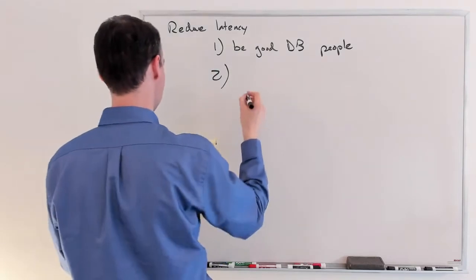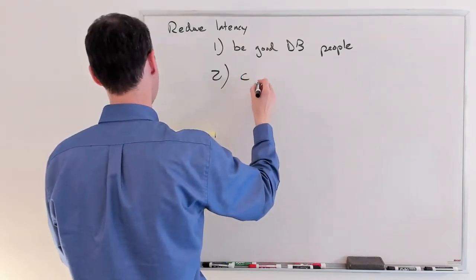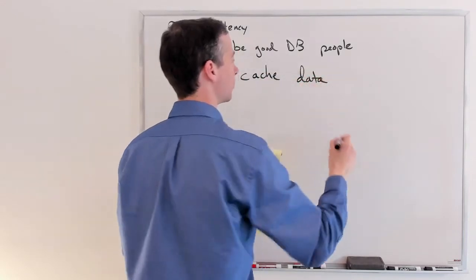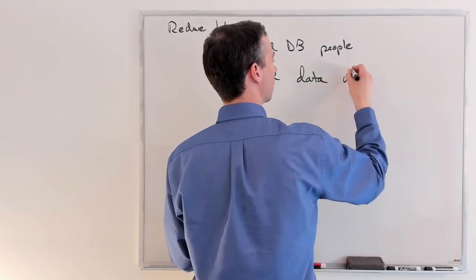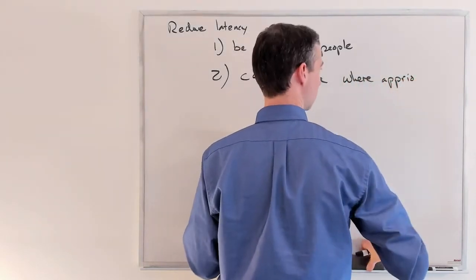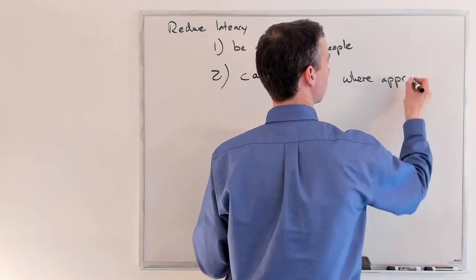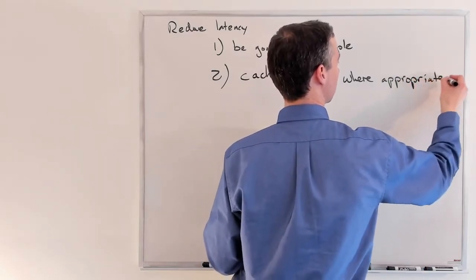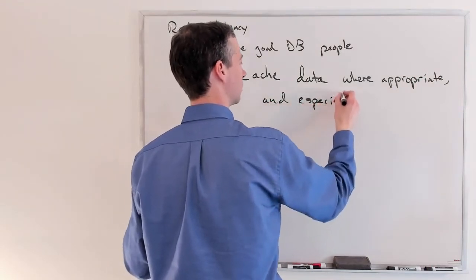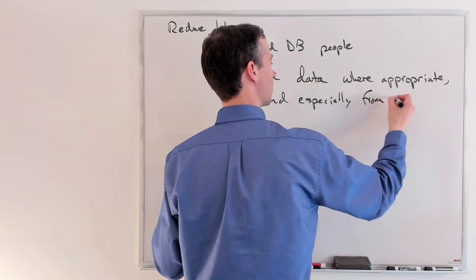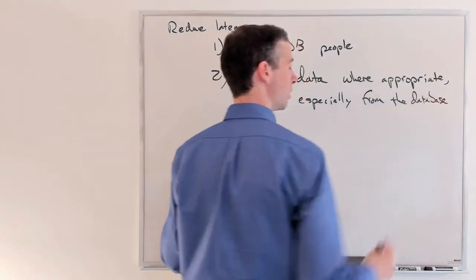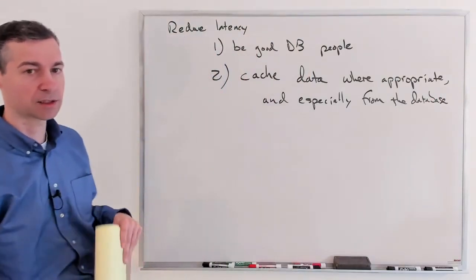The second thing to do is we should be very wise about caching data where appropriate, and especially from that database. We can have caching at lots and lots of different levels.